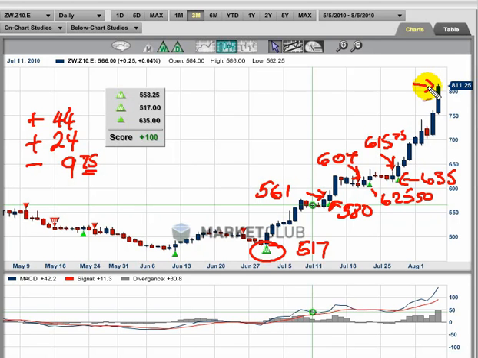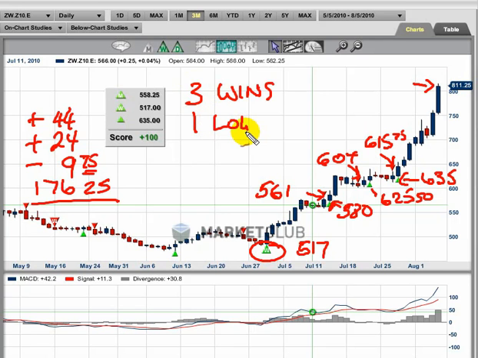That's the new high for the move, and that is a substantial profit, 176.25. Okay, so you add all of these up and subtract this, and what it comes out to be is this. You have 3 wins and 1 loss, so it's a 75% win rate so far, and the gains were $11,612.50.